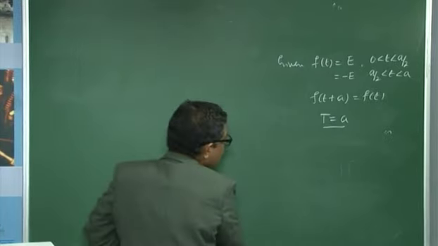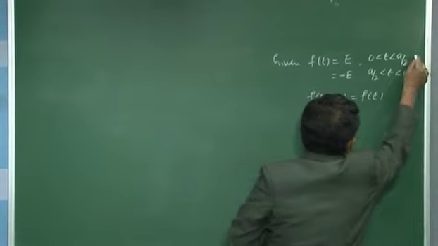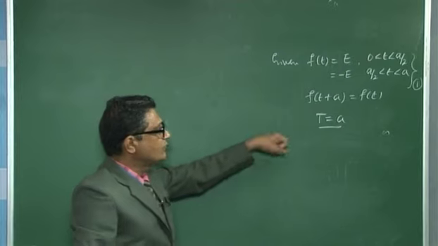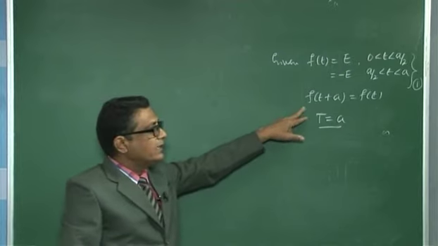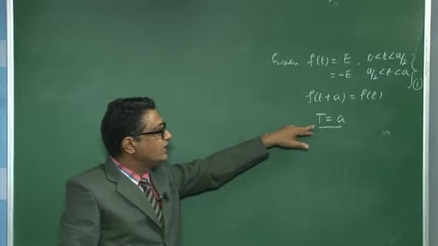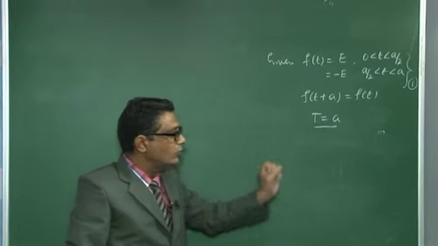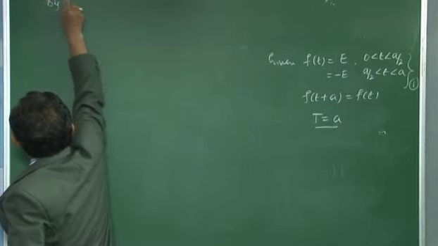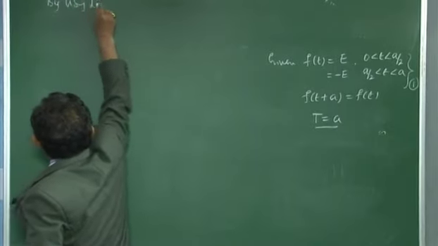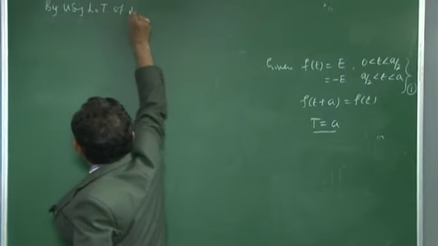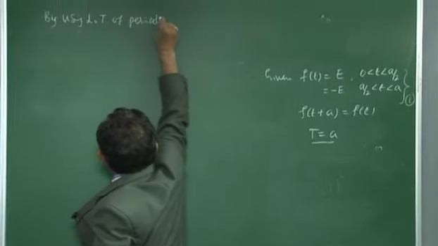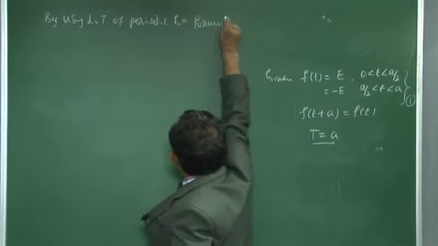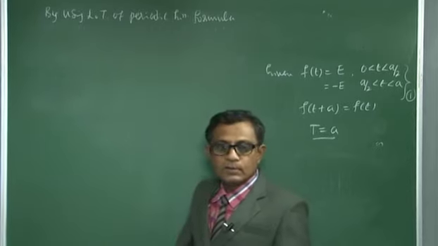Now we will do this example. This is the given function, you can call it equation 1. Here f of t is a periodic function with period capital T equal to a. Now, by using the Laplace transform of a periodic function formula, you have to memorize the formula.